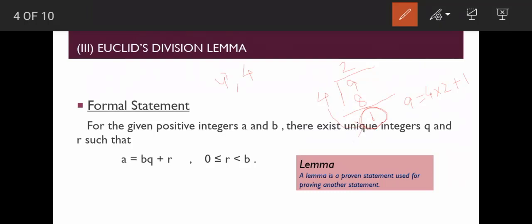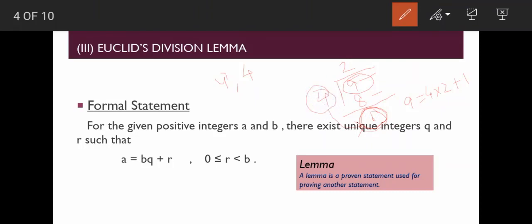Suppose this remainder is equal to 4. Then once again it is divisible, and actually this division method will not be correct. If we find any number equal to 4 or greater than 4 as the remainder, our division rule is not correct. That is why the remainder must be less than the divisor.